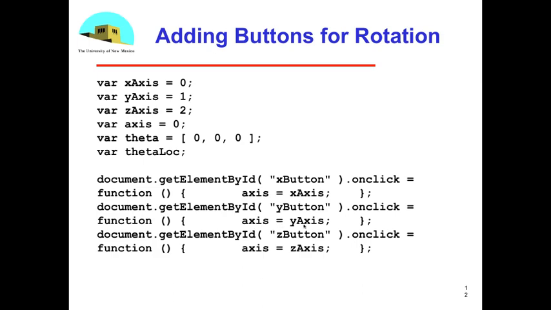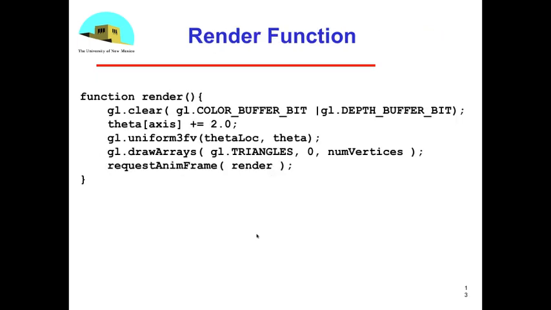If you click the Y button, make it the Y axis. And if you push the Z button, make it the Z axis, and then that's conveyed to the render function, and the render function will increment the angle in theta corresponding to what axis is set to, and then send the whole theta over as a uniform variable, and then draw everything.